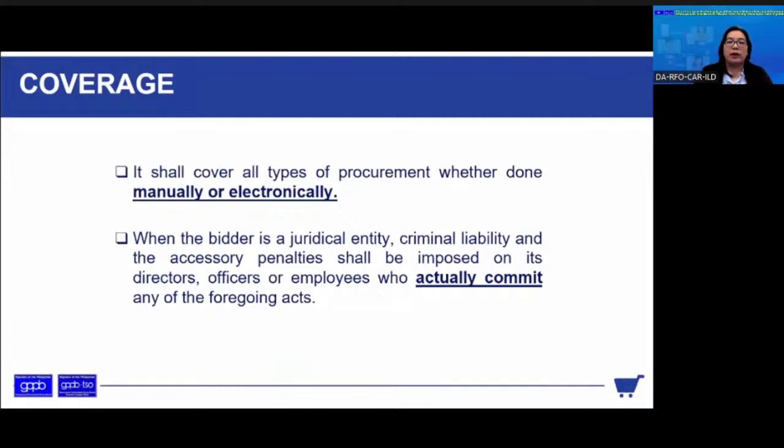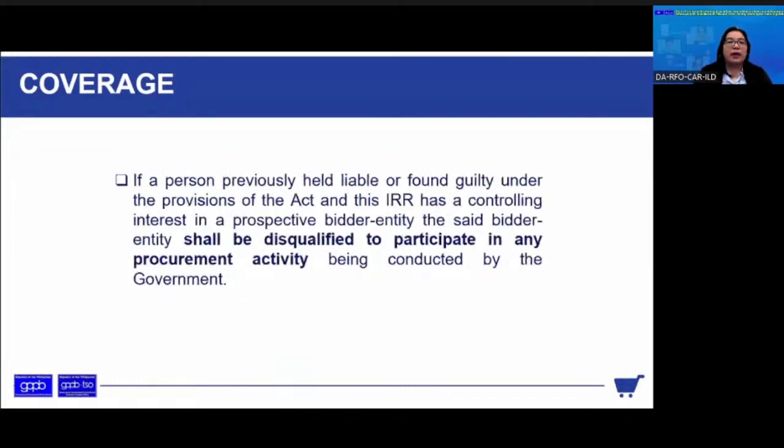So let us all be wary of these penalties, no? And if a person previously held liable or found guilty under the provisions of the Act has controlling interest in a prospective bidder entity, the said bidder entity shall be disqualified to participate in any government procurement activity being conducted by the government.